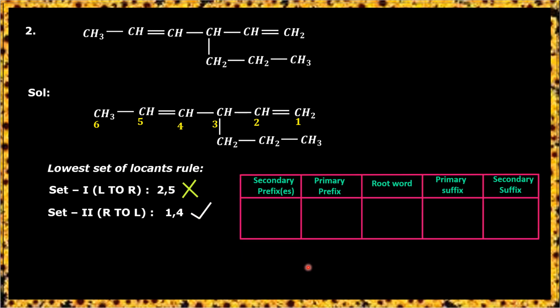The root word is hex, the primary suffix is ene because double bonds are there, and the secondary suffix is e. Here this is the substituent, the propyl group, C3H7. Two double bonds are there in this chain.